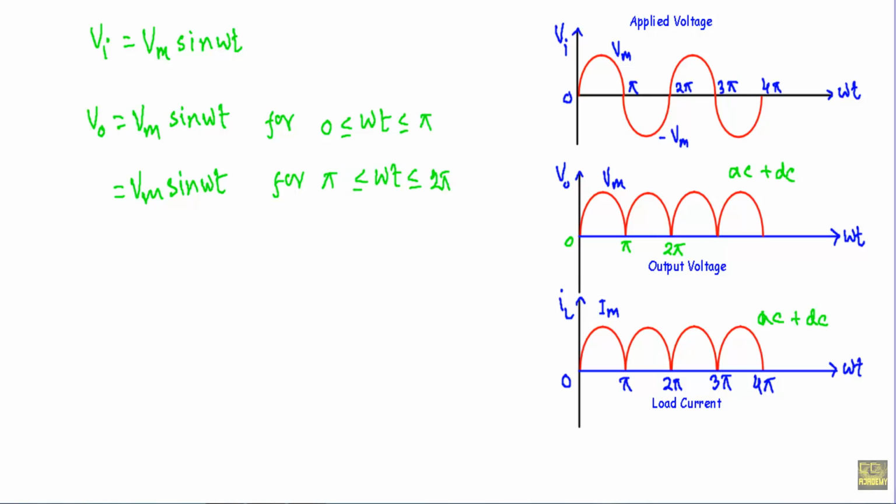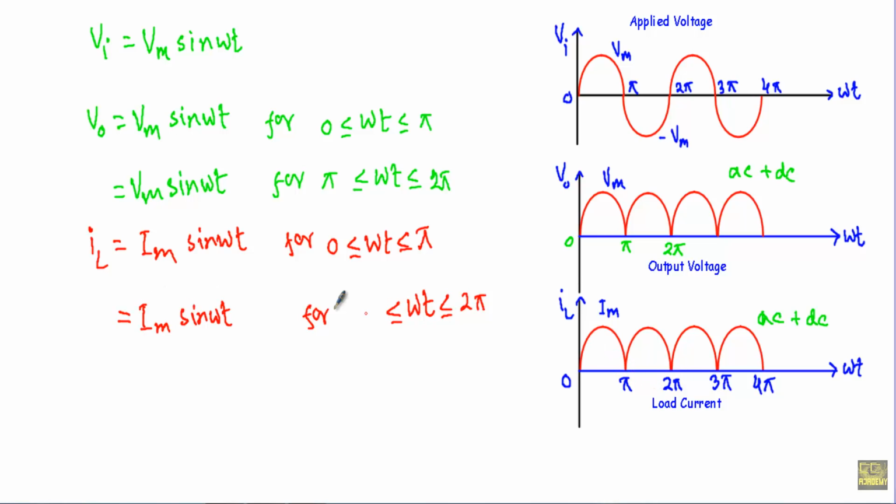Now look at the load current. Our load current is a unidirectional current, so our load current IL will be equal to Im sin omega t for interval 0 to pi. See, from pi to twice pi, it will be Im sin omega t.